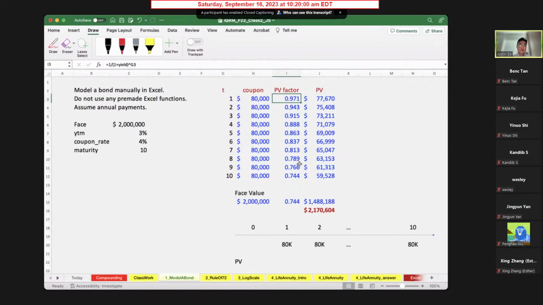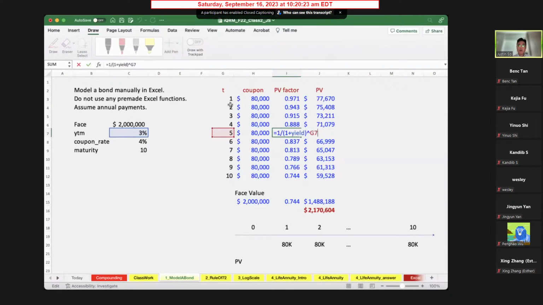So how do we get the discount factor? It's 1 over 1 plus what? This time the discount rate is the yield to maturity. And then the denominator has a power of the number of compounding periods. In this case it was just 1, but in the middle of the term it's not going to be 1.